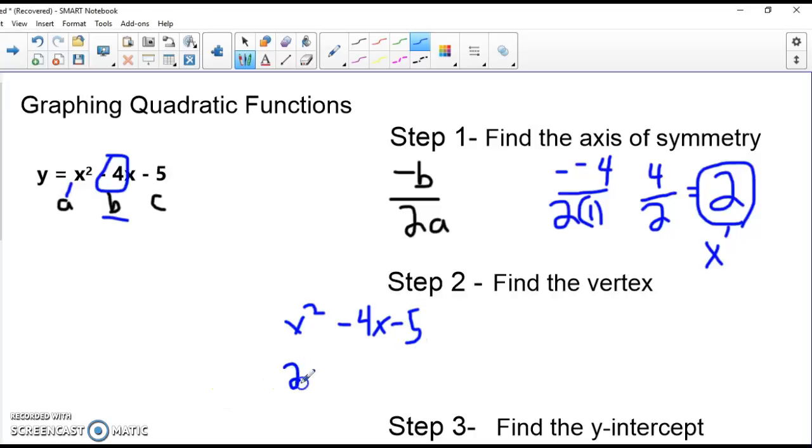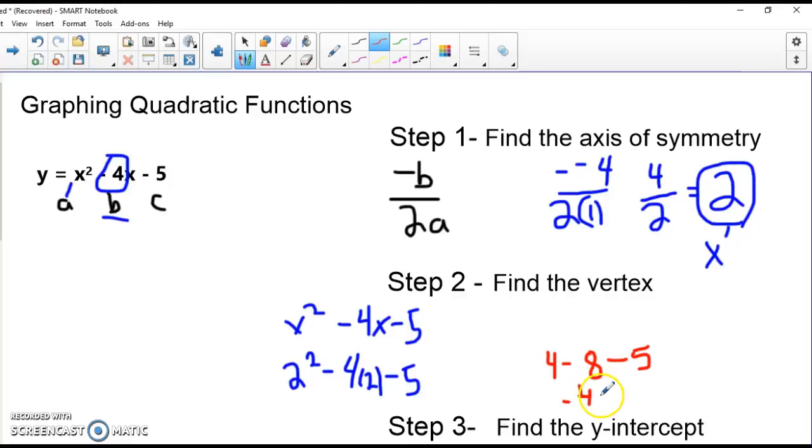So we're going to have 2 squared minus 4, and instead of x, we put a 2, minus 5. 2 times 2 is 4, minus 4 times 2, which is 8, minus 5.